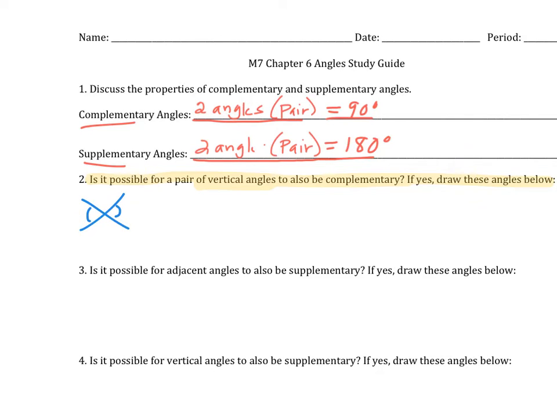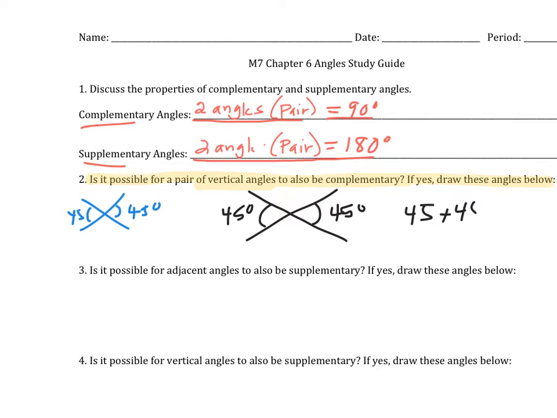If this was 45 degrees, 45 plus 45 equals 90. So those could be vertical angles that are complementary. To write that out, you write 45, and these would be 45, and 45 plus 45 equals 90, so they're complementary.